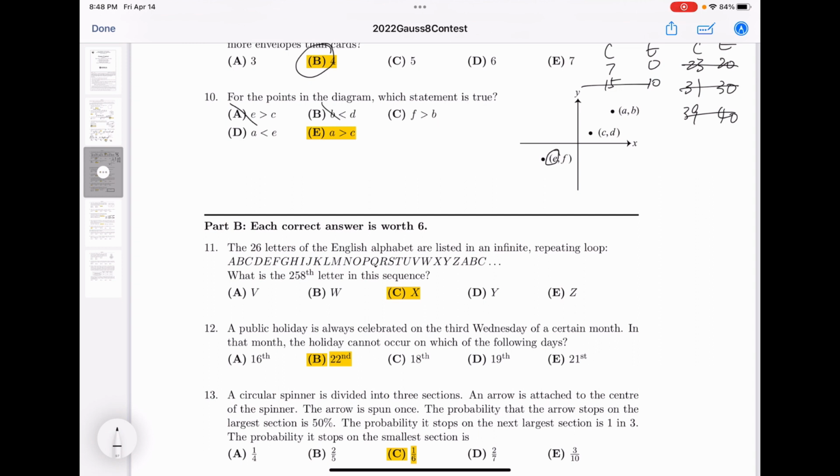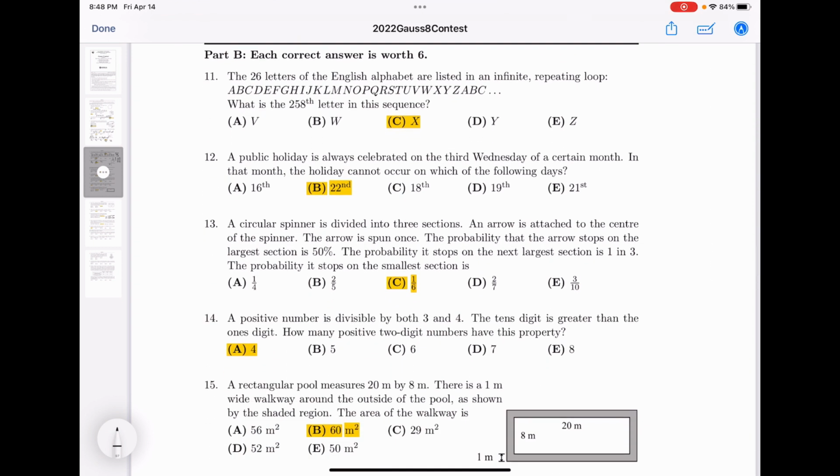And C, because F is on the left of B, F is below B, therefore C cannot be true. D, because A is above E, D also cannot be true, therefore we're left with E.